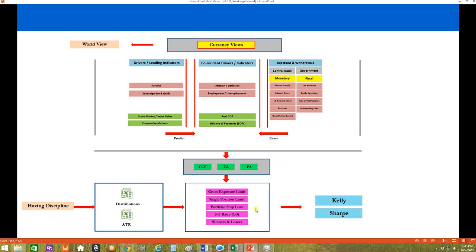And then also within risk management, we have a bunch of risk management metrics that we apply to any sensible long-short portfolio that has a time horizon of 1 to 3 months, because we have the evidence that the volatility that we're looking for is over a 1 to 3 month time horizon.